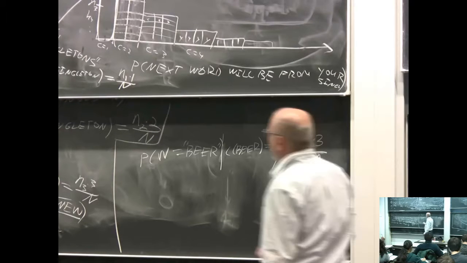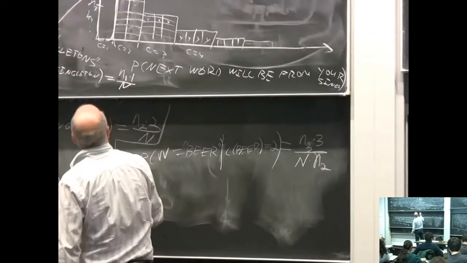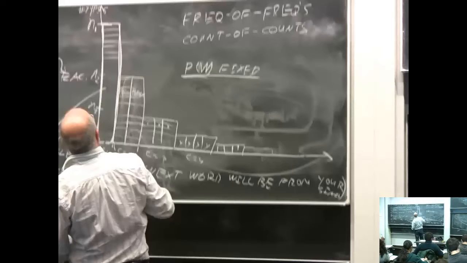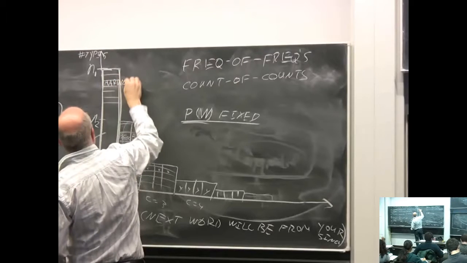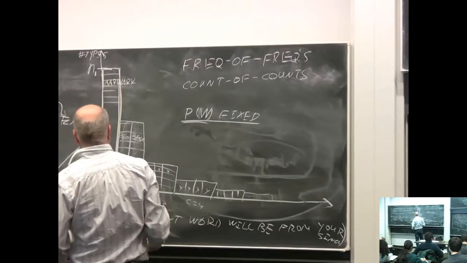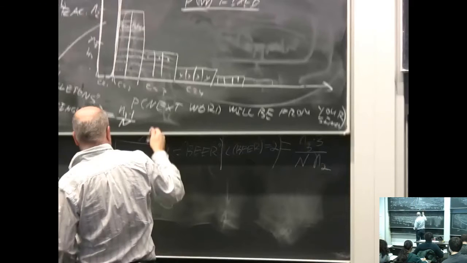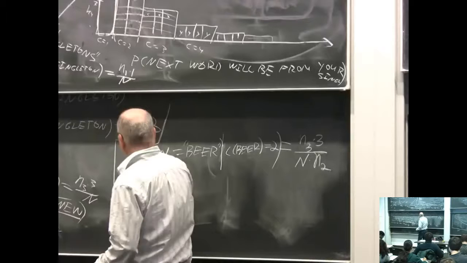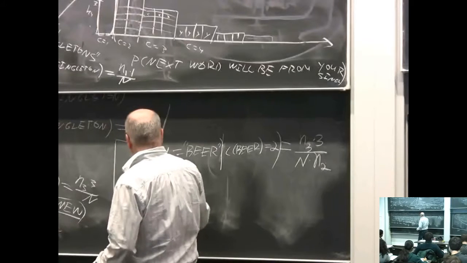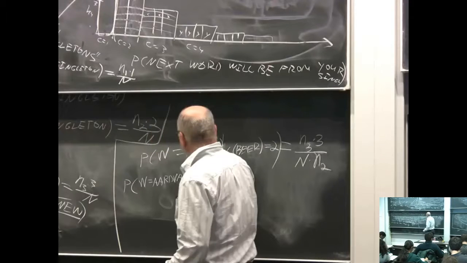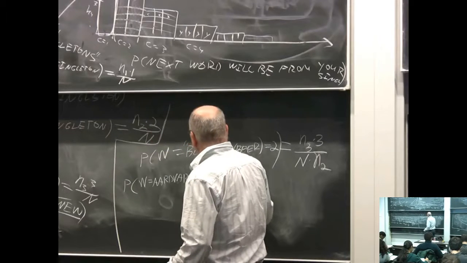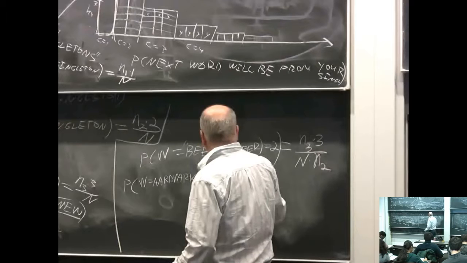Similarly, for words that occurred once, what word did they say occurred once? Aardvark. The probability the next word would be aardvark, given that aardvark occurred once.